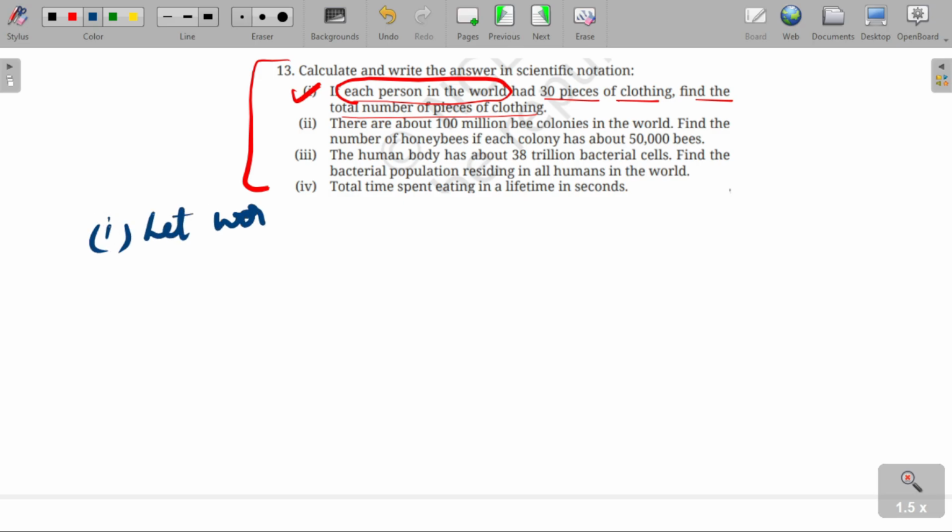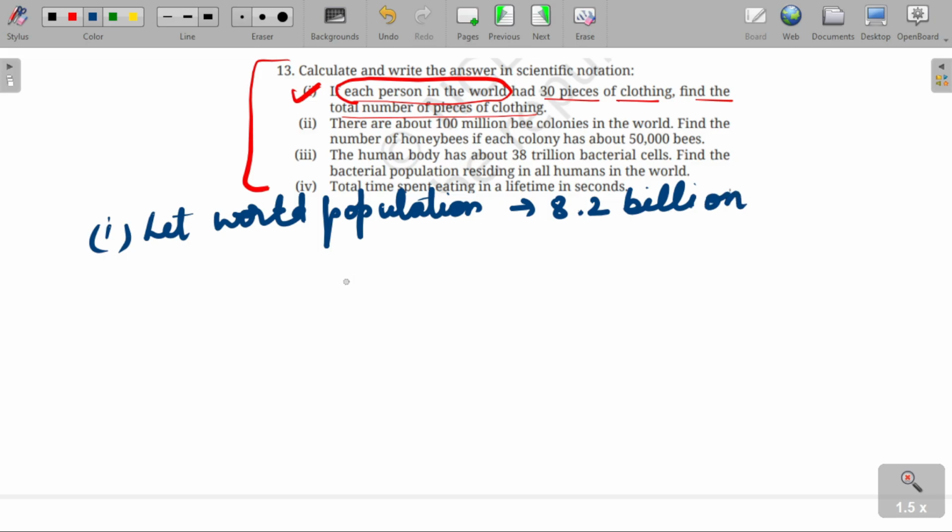World population is 8.2 billion, which is 8.2 into 10 raised to power 9. Firstly, you must note this.